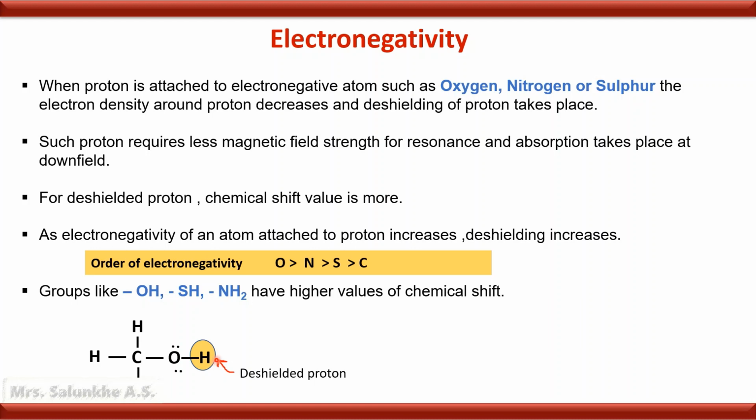That is, this is the factor electronegativity: the proton is attached to a more electronegative atom, then de-shielding of the proton takes place and chemical shift value increases.